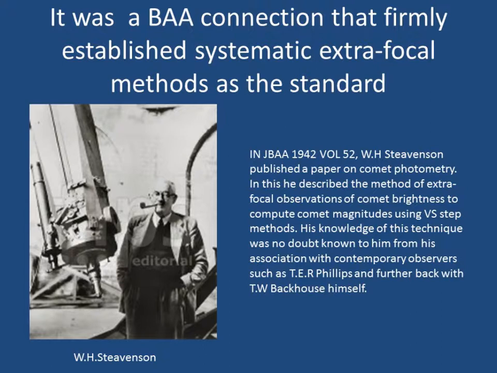His knowledge of this technique was no doubt known to him from his association with contemporary observers such as T.R. Phillips, who was observing at Headley Rectory in Surrey, and also T.W. Backhouse himself, because their observing lives overlapped. And so for many years Stevenson was using these extrafocal methods to make the magnitude determinations, because he'd learned of this method from people like Backhouse and Phillips, who were also doing a similar sort of work.